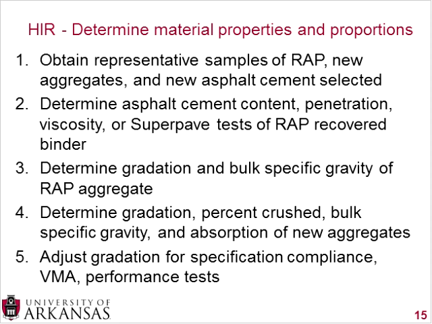So you take the RAP that you have, you recover some binder from there, you mix it with any new material you're going to be using, and you can classify it using a penetration system, a viscosity system, or a Superpave system. There's really a lot of options, and you can do whatever your local agency or the owner of the job requests.